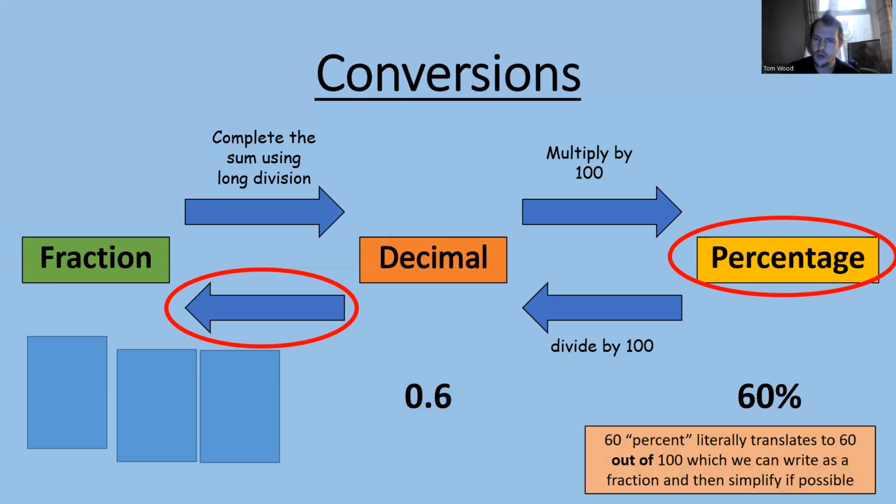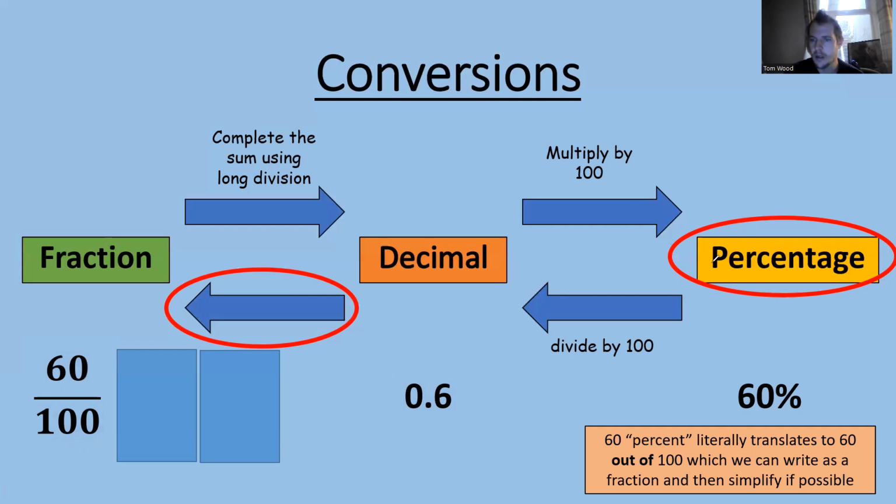Now, the whole trick here is just remembering what percent actually means. Percent literally translates to out of 100. So we can literally just write that as a fraction. To switch from a percentage to a fraction, you just write over 100. It's that straightforward.